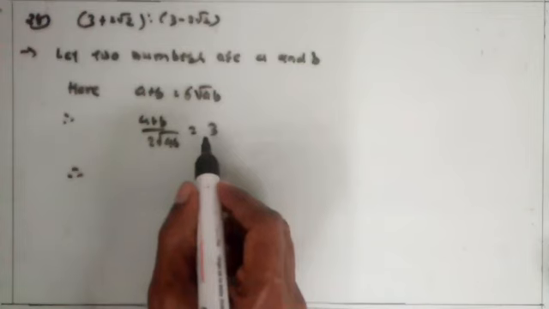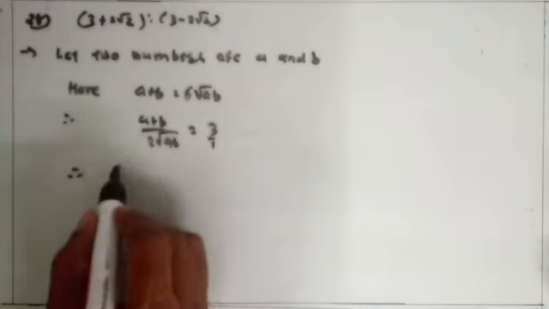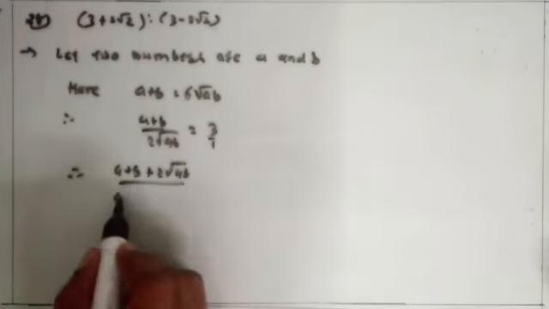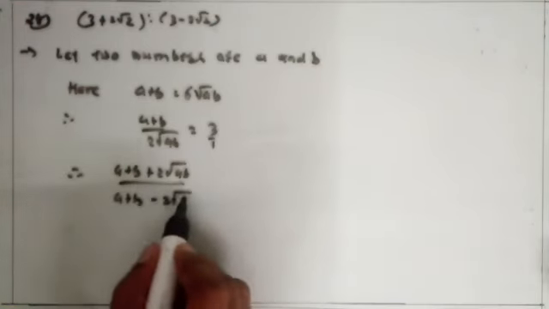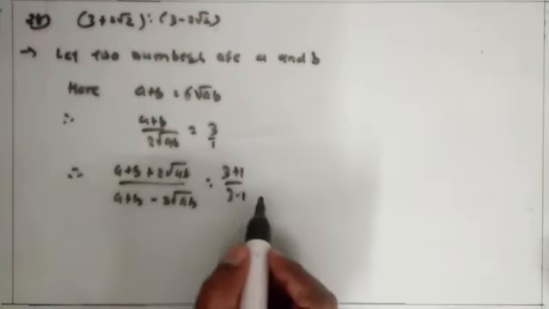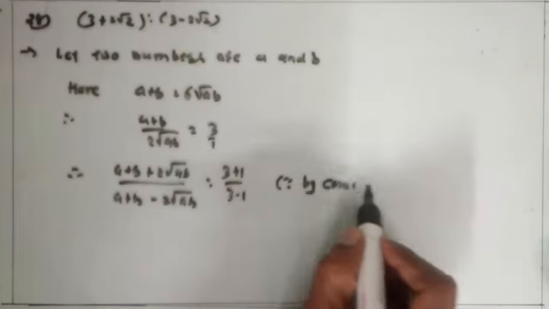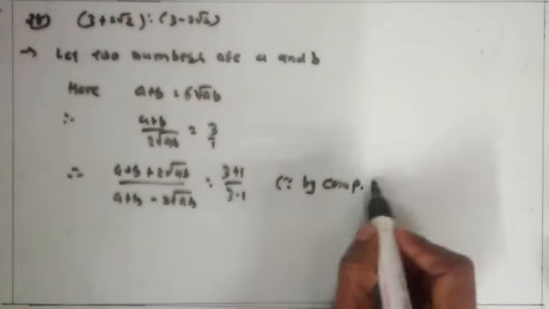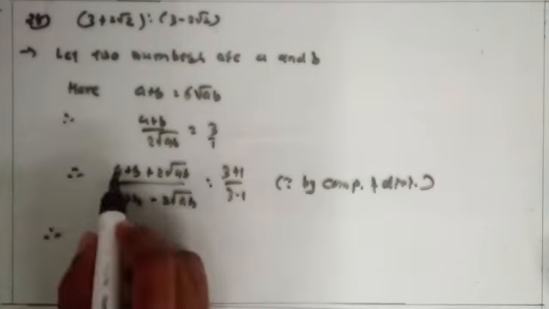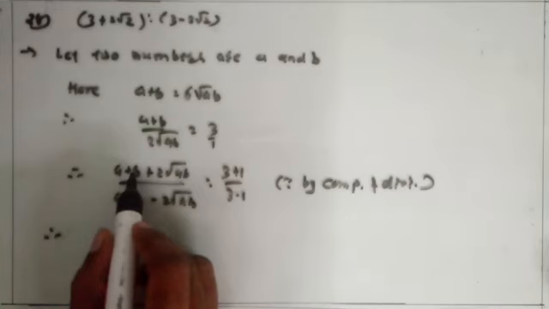Now we apply componendo and dividendo. Here 3 upon 1 given, so (A plus B plus 2 root AB) upon (A plus B minus 2 root AB) is equal to (3 plus 1) upon (3 minus 1) by componendo and dividendo. Clear? Therefore, A is (root A)^2 and B is (root B)^2.